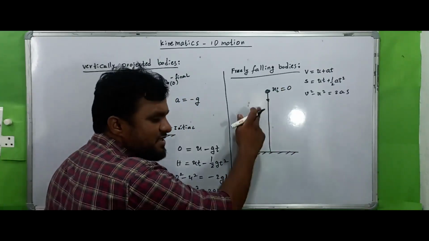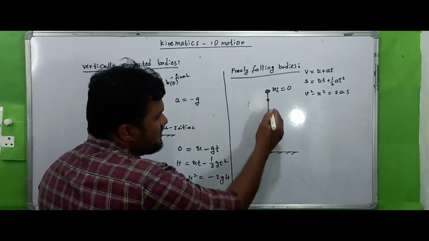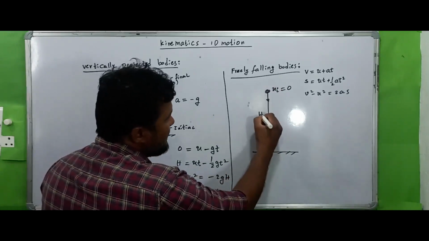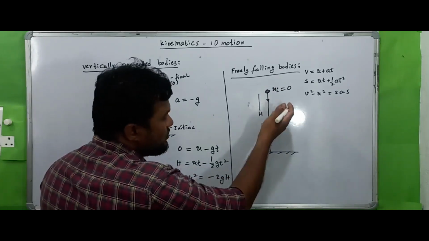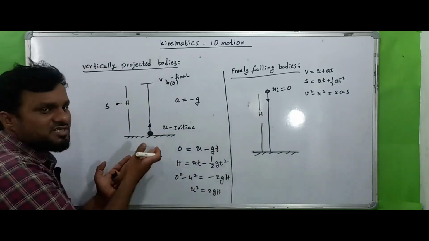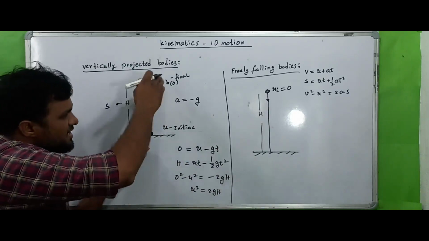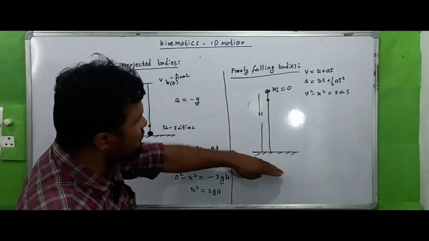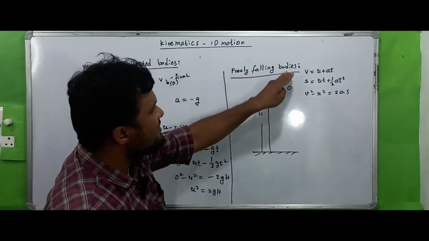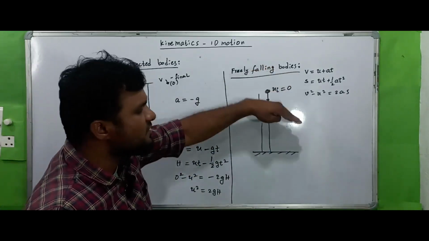Finally, the body hits the ground. The body is coming from a height h. You can take the replica of this situation: the body reaches height h and again comes downward. While it is coming downward, we treat it as freely falling, nothing but motion under free fall.